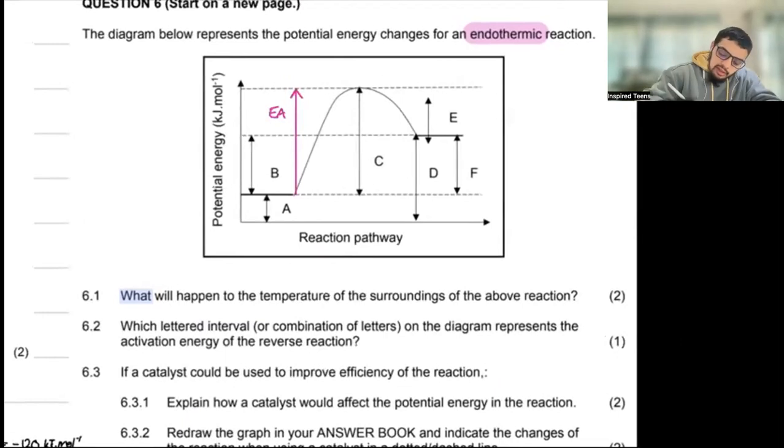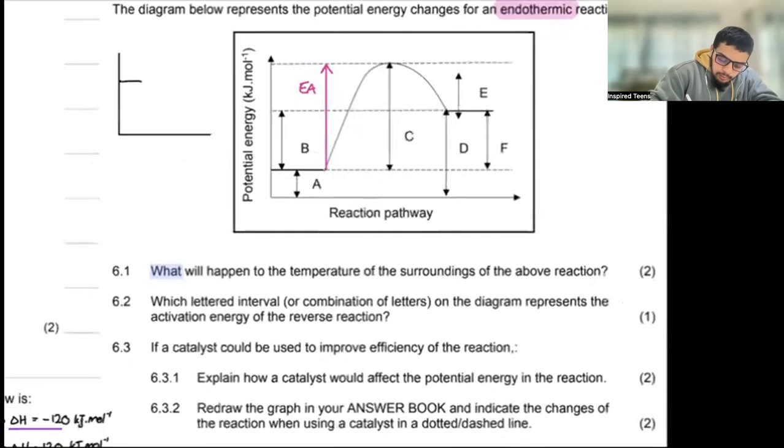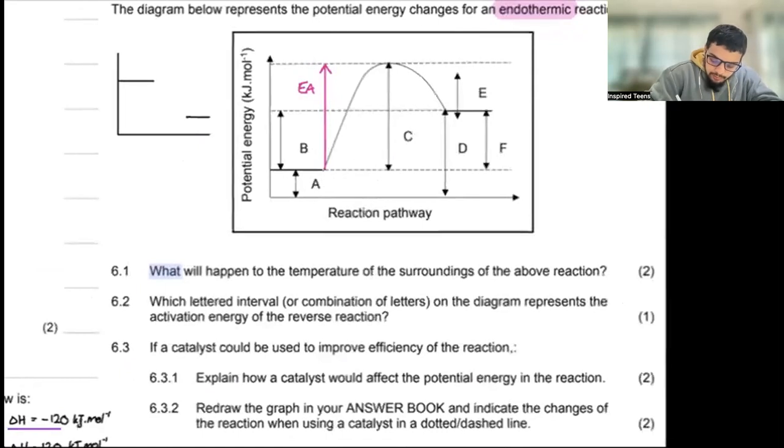Now remember the reverse reaction. All the reverse reaction means is that whatever the products were, those become the reactants, and whatever the reactants were, those become the products. This reaction takes place like this.